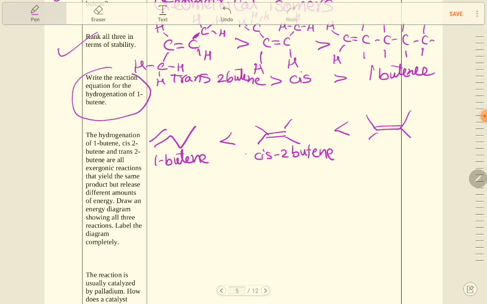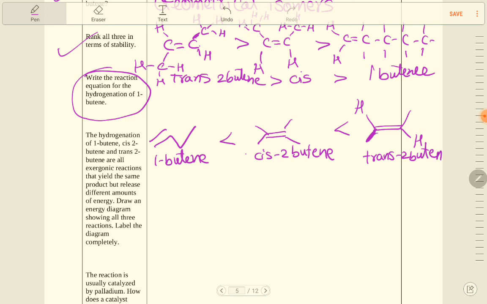This one we'll discuss later in the next video, or you can definitely pause this and identify the hydrogenation of 1-butene, since I do not have enough space.